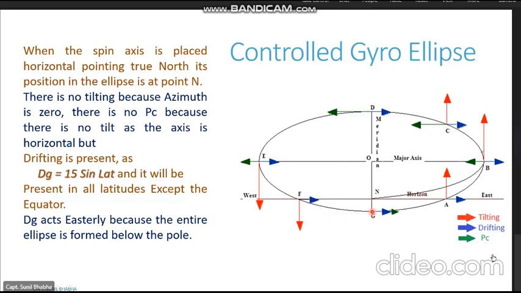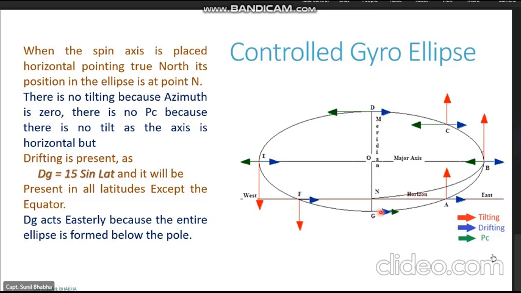They quickly pull the spin axis to east of the meridian.